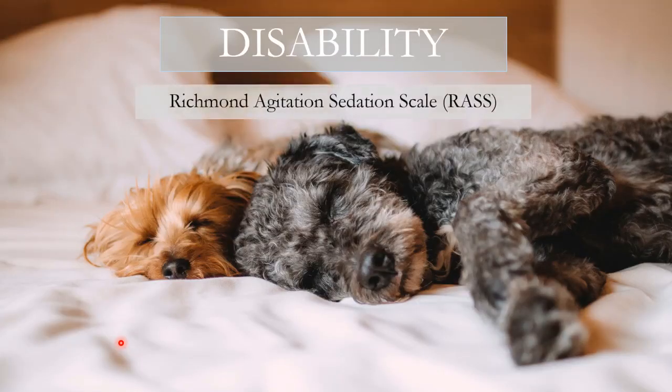So under disability, you also have this RAS. Because patients who are intubated or ventilated are being given sedation, we assess the Richmond Agitation Sedation Scale. What's the patient's RAS?